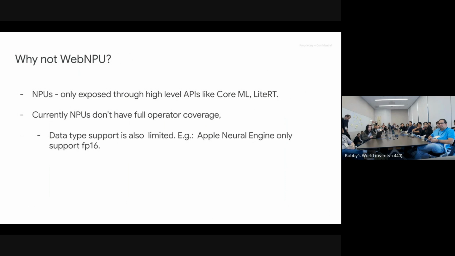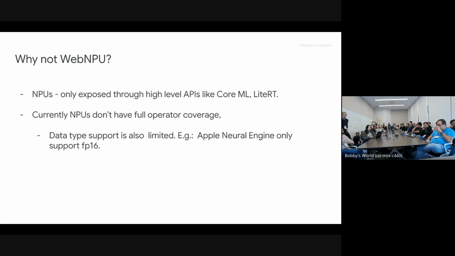So why is it called WebNN but not WebNPU, since we already have Wasm for CPU and WebGPU for GPU? The reality is right now, NPUs are only exposed through high-level APIs like Core ML, and NPUs don't have full operator coverage. There's no way for you to only target NPUs right now.